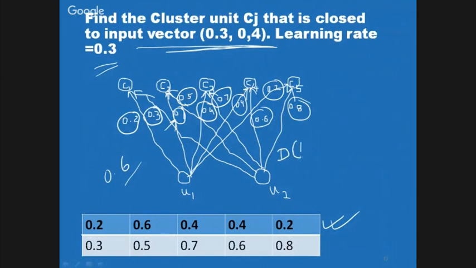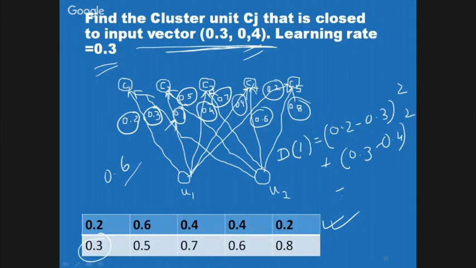This will be D1. What will be D1? It is not the root, only the whole square and summation. Our weight point is 0.2 and the input is 0.3, so it is 0.2 minus 0.3 whole square, plus the next weight 0.3 minus our input 0.4, so 0.3 minus 0.4 whole square.